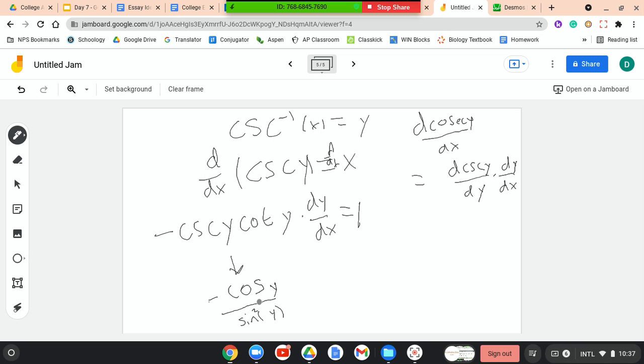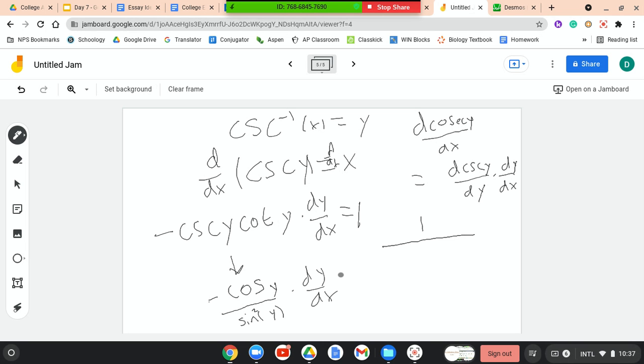So if you multiply them together, you get this, but then times dy over dx. Yeah. All right. So then I can get dy/dx on its own.